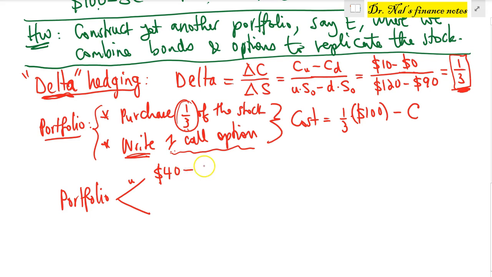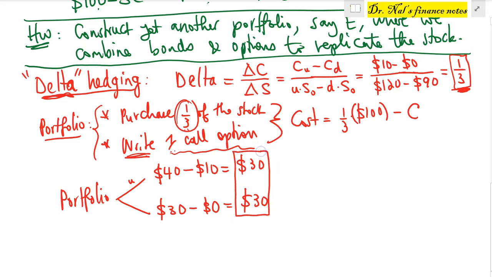It will cost me $10, minus $10 because it will expire in the money, and so that will be worth $30, versus in the down state the stock will be worth $90. A third of it is $30 minus the option will go worthless, and again $30. Aha! So a year later, with certainty, we have a position where we have $30 with certainty.